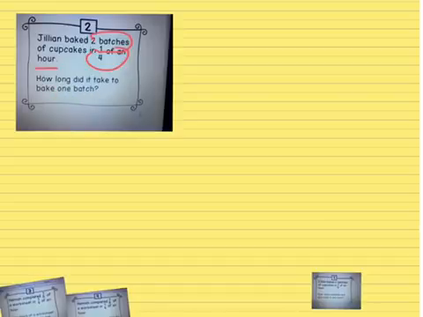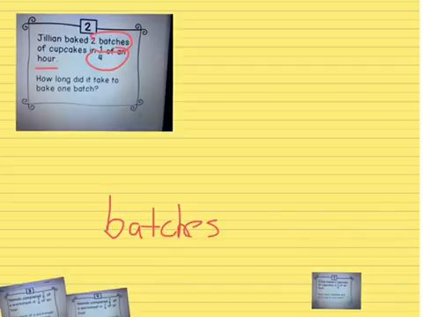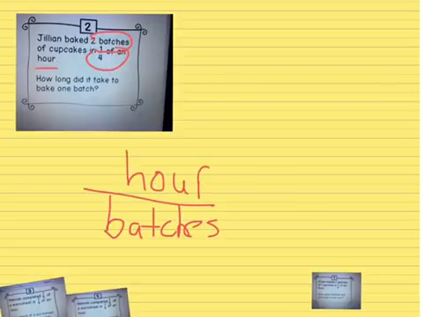So I'm going to set my ratio up differently in this problem, even though the first part of the problem is the same. So my ratios, I know I'm going to have batches on the bottom. So batches is going to be on the bottom this time, and hours is going to be on the top. So I look for my two different quantities.